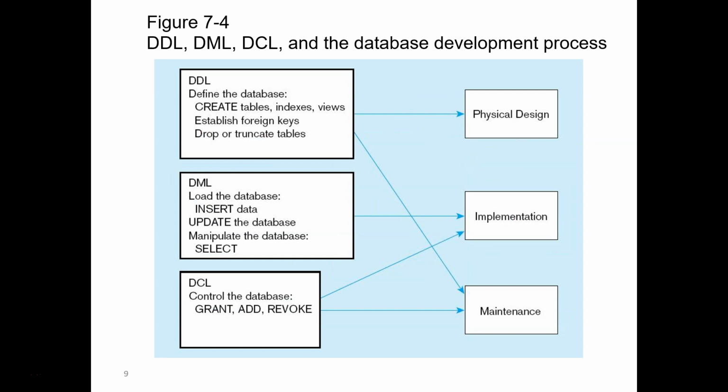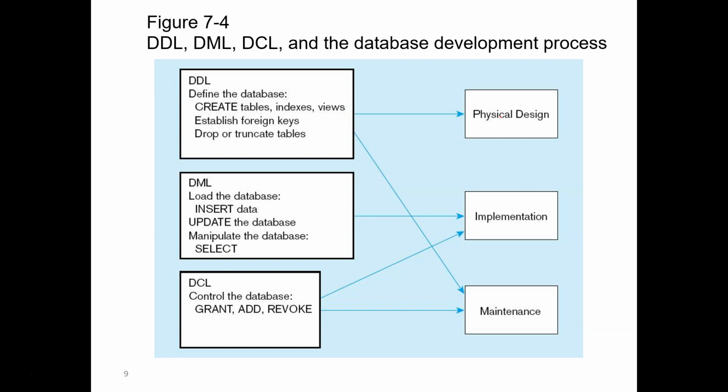This slide describes the stages in which various SQL languages are being used. For example, data definition language, or DDL, is used during the physical database design and maintenance phases. During the physical database design, the developer uses DDL to define database structure, data types for various fields, and set integrity controls to avoid any future data inconsistency.